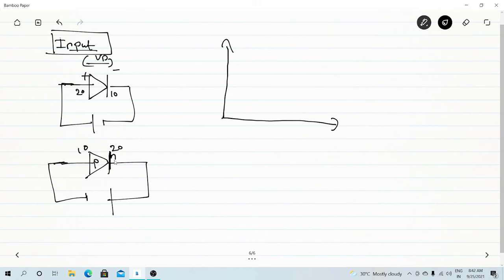So N became more positive, let's say 20, connected with the positive terminal, high potential. This is less positive, low potential, negative terminal. Negative terminal means low potential, positive terminal means high potential. So now the difference is -10, so this will be negative.